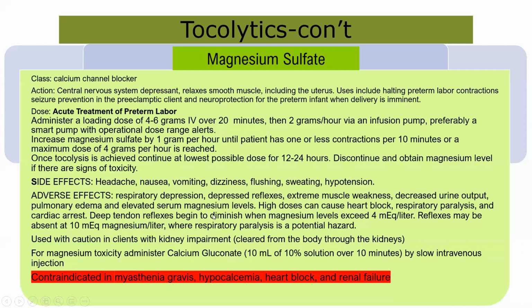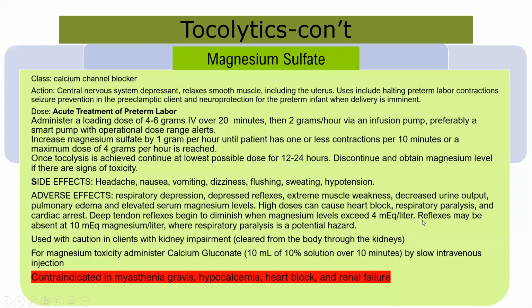So if you were in NCLEX and you got a question, what's the main purpose of using magnesium sulfate in a hypertensive patient? It is not to decrease the blood pressure. It is to prevent seizures. Okay, so there's a little hint for you.